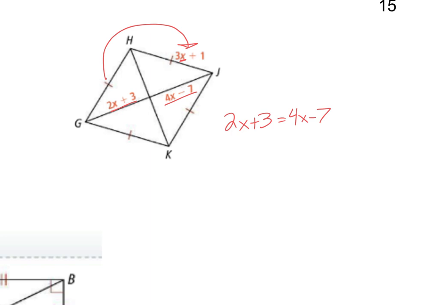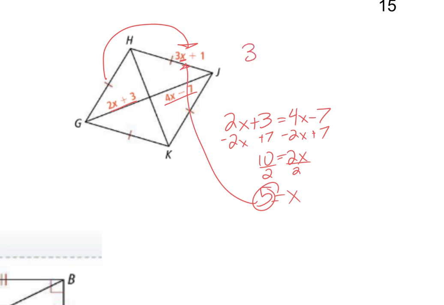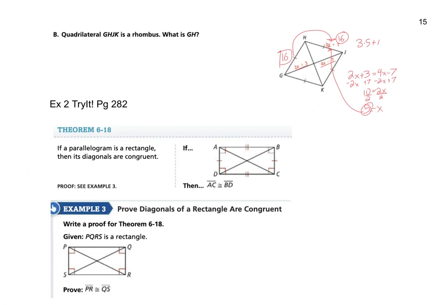That's true for parallelograms, and a rhombus is a parallelogram, and these are perpendicular bisectors. So we're going to solve this for X. We added 7 there to get the 10. So X equals 5. And then we take this 5 and plug it in here. So 3 times 5 plus 1 is 16. That means GH has a length of 16 units.